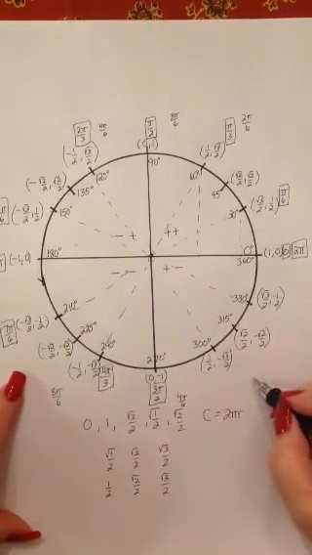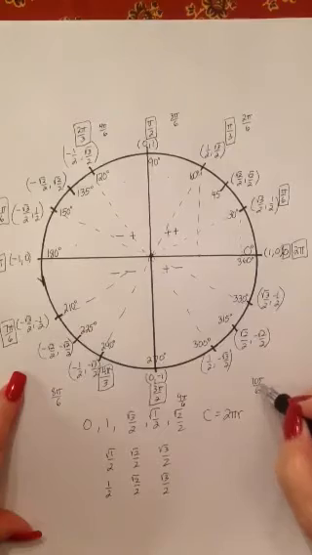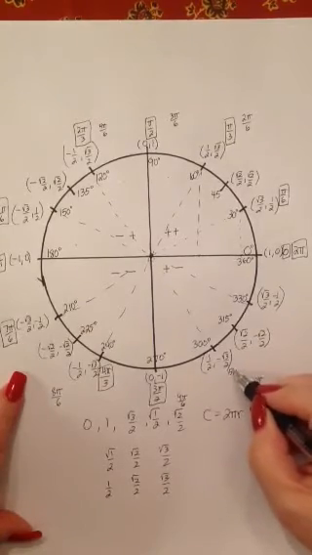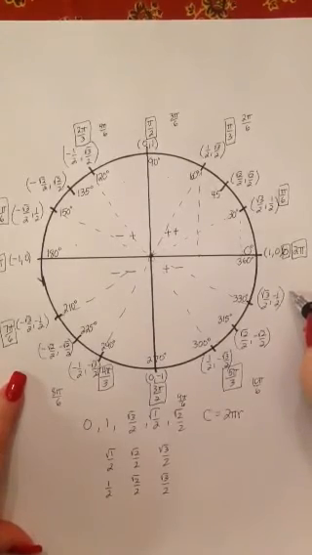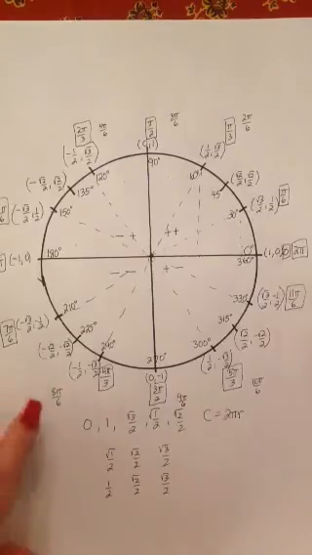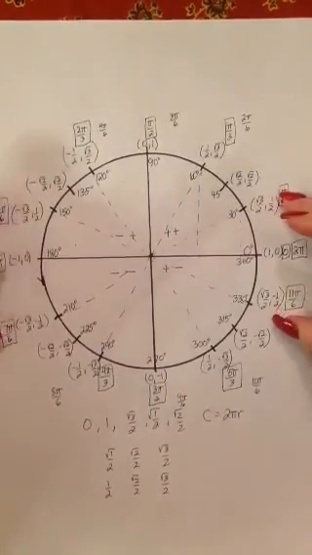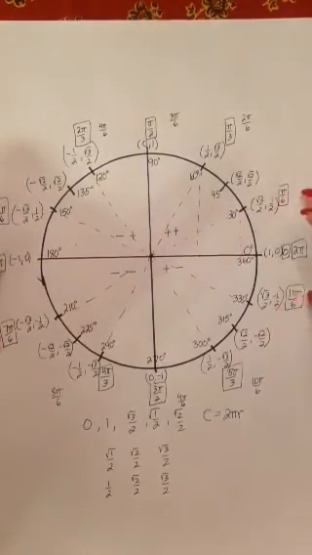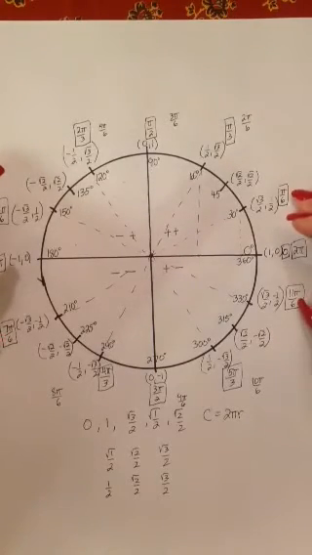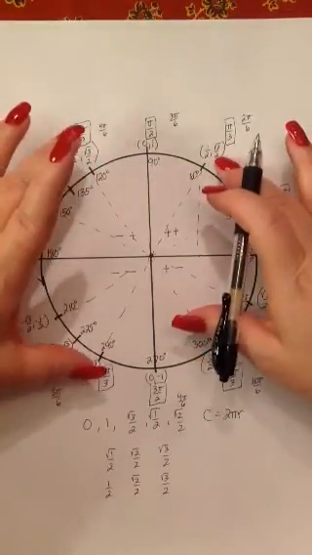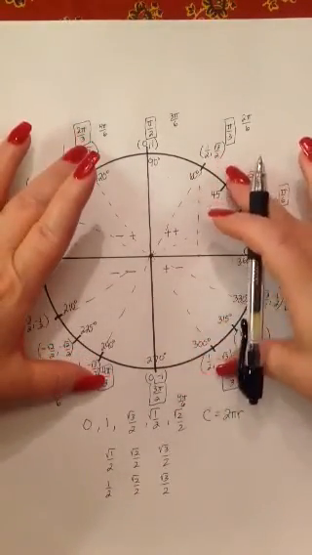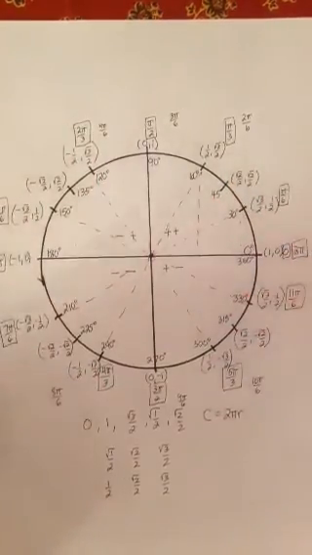Right here would be 10 pi over 6, but that's going to reduce to be 5 pi over 3. And then the last one here will be 11 pi over 6, and that doesn't reduce. So you notice all these ones that are just 30 degrees away from the x-axis, they all have the 6's still. So it's pi over 6, 5 pi over 6, 7 pi over 6, 11 pi over 6. The ones that are farther up here, these are all the 3's. Pi over 3, 2 pi over 3, 4 pi over 3, and 5 pi over 3. 3 pi over 3 is right there.